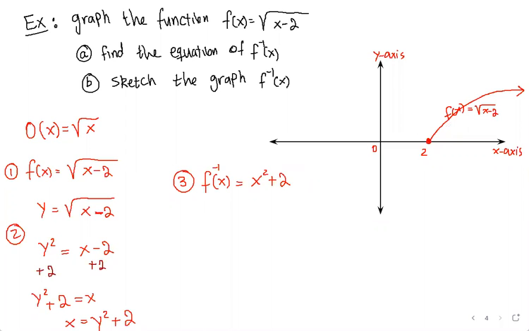How do I know this? I look at the graph. Which x values are used? The x values used are from 2 to infinity. This means the domain is from 2 to infinity, and the 2 is included.